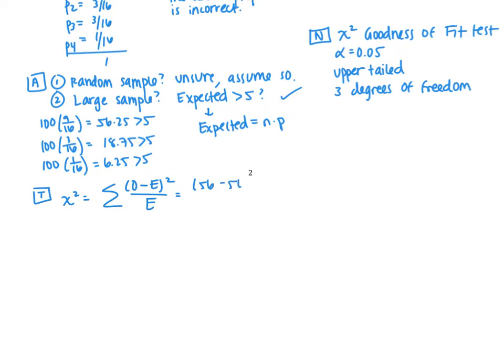The expected was 56.25. We square it, we divide by 56.25. I expect you to do the first one and the last one. Can somebody tell me what the observed was on the last category? Is it 8? Yeah. So we have 8 minus 6.25 squared divided by 6.25. Again, you're not going to do that. You're going to let the calculator do it.